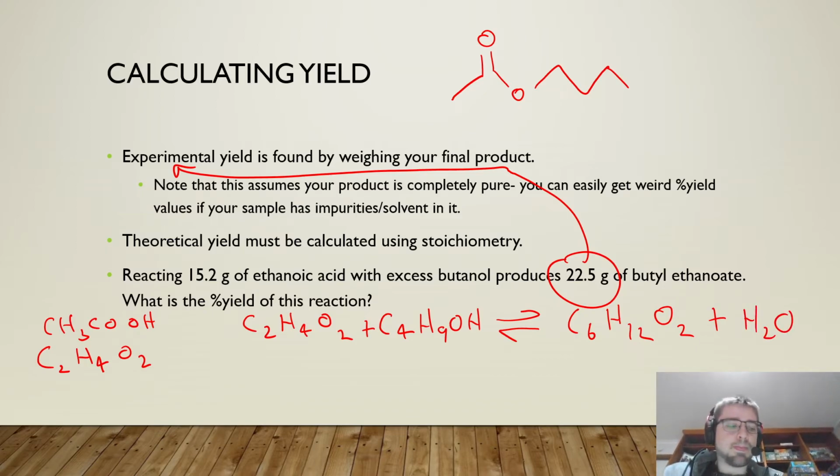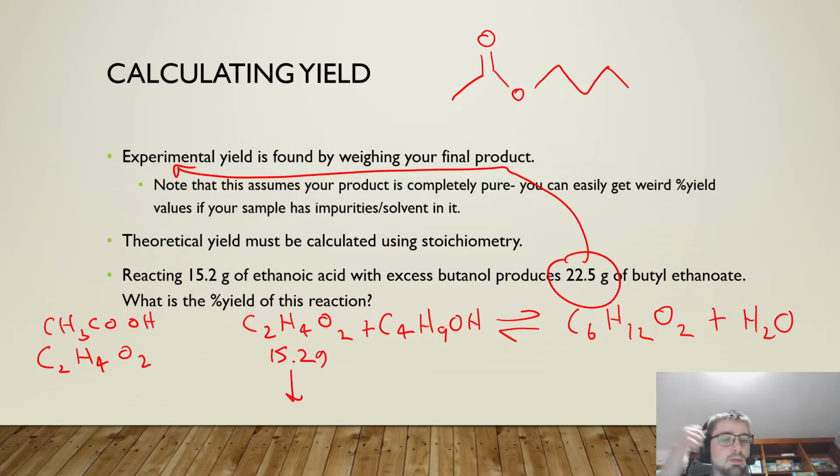Again, just like all stoichiometry, you can do this in different ways. I'm just going to do it the diagrammatic way here. We've got 15.2 grams. We're going to divide it by the molar mass. The molar mass is going to be 24 from the carbons plus 4 from the hydrogens plus 32 from the oxygens, so 60.